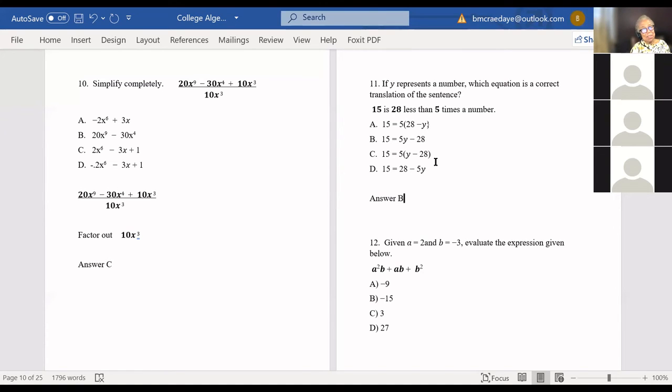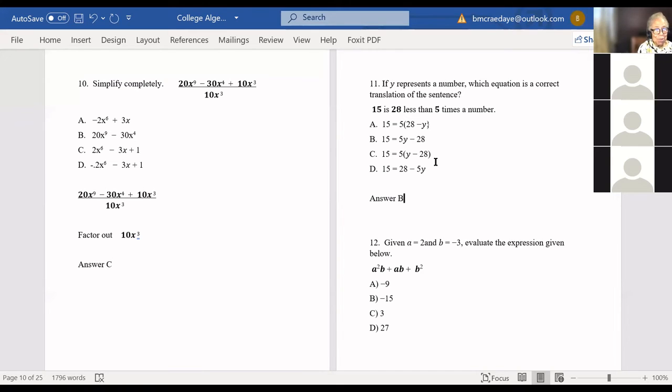Be careful, Chastity. 15 is 28 less. It means you're subtracting the 28. So it can't be D. It's not subtracting 28. Can't be A, cannot be D. Oh, okay. I stick with B then.